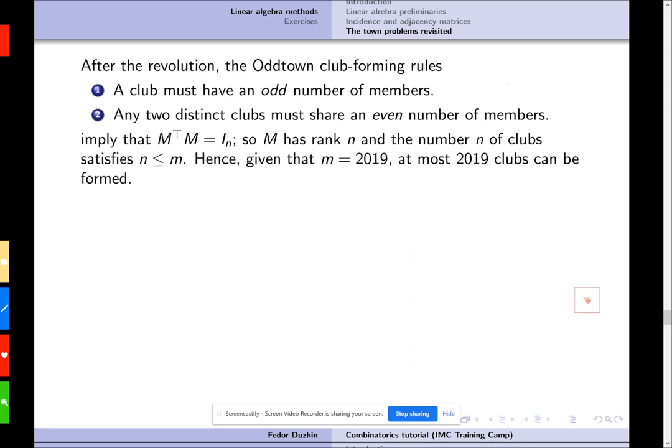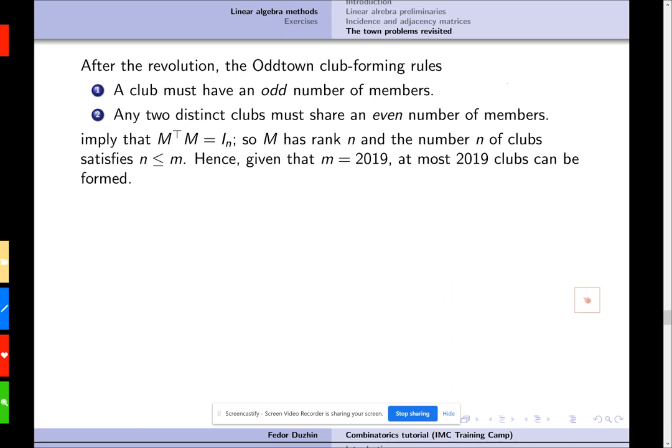So in this case, it means that M has rank n, so the number of clubs just cannot be more than the number of people. Now it's even easier, very, very simple. And I don't think that, even if it is possible to solve the Oddtown problem combinatorially, it's much harder. So here linear algebra really helps a lot.